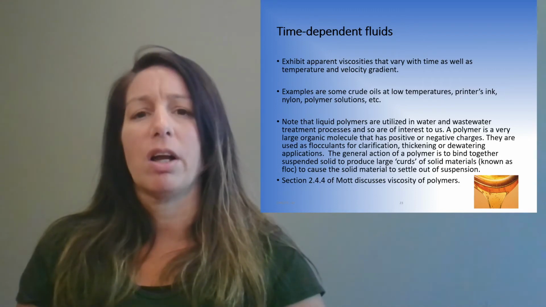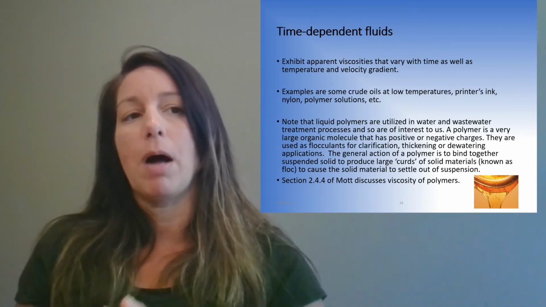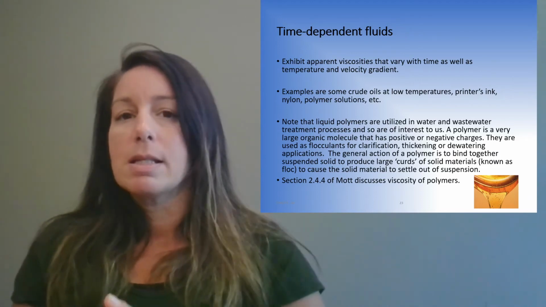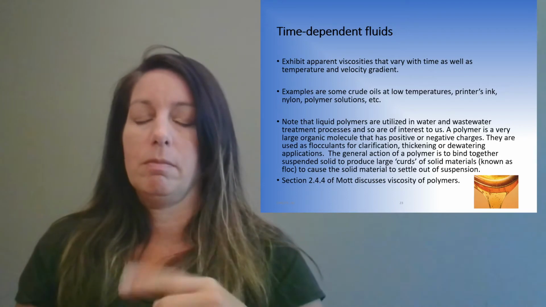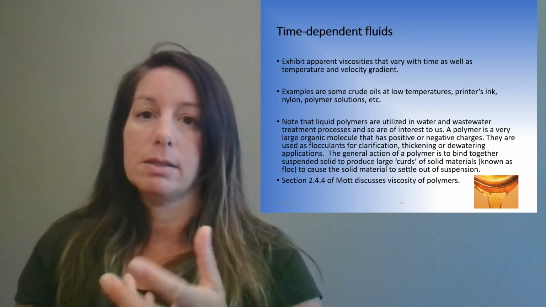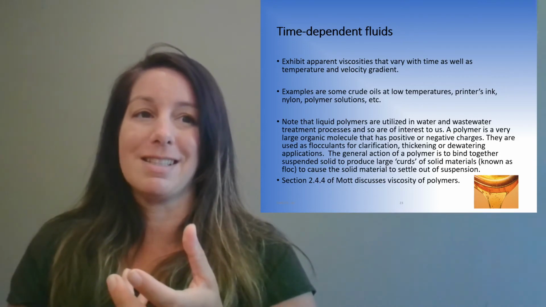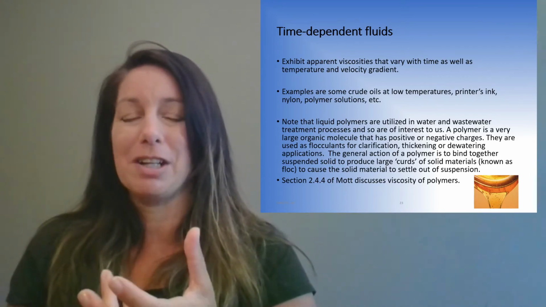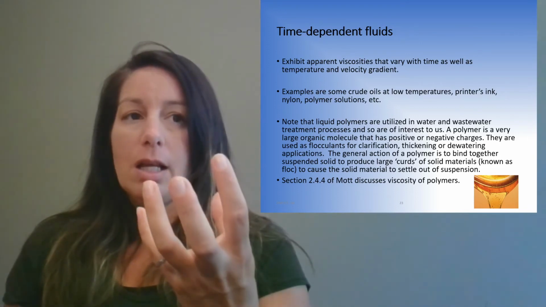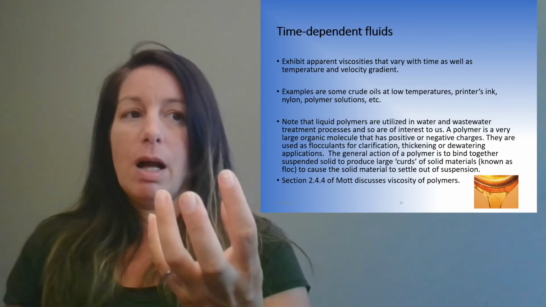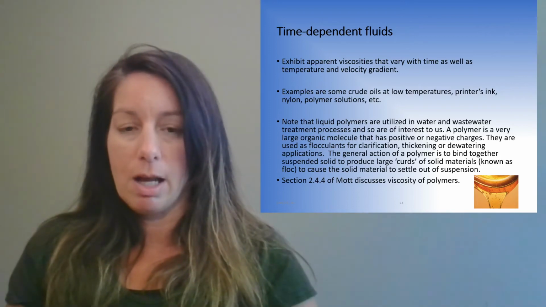Basically you mix it in and the polymer causes suspended solids within the liquid to coagulate and become large, called curds here, larger blobs of material, so that eventually the floc gets so big that it starts falling out of the fluid.